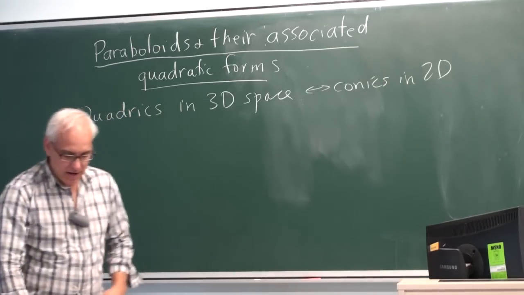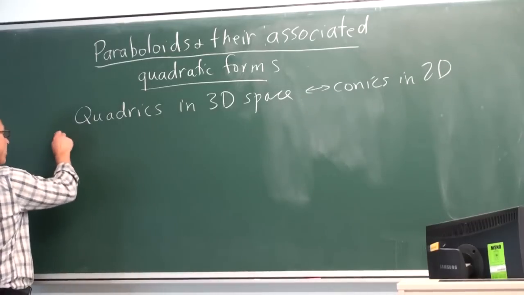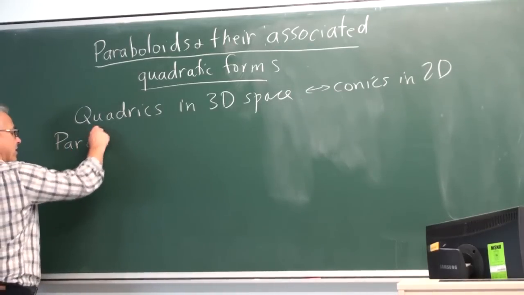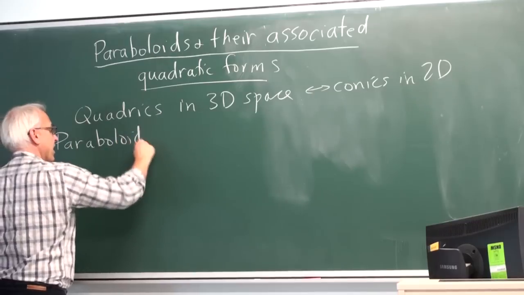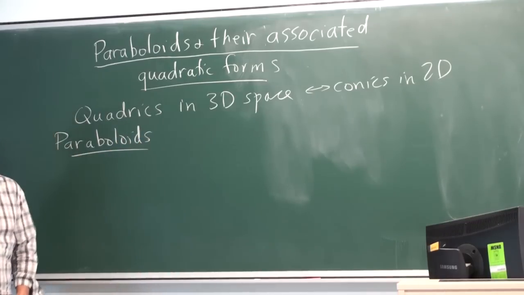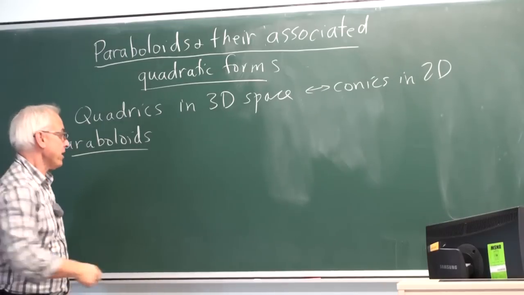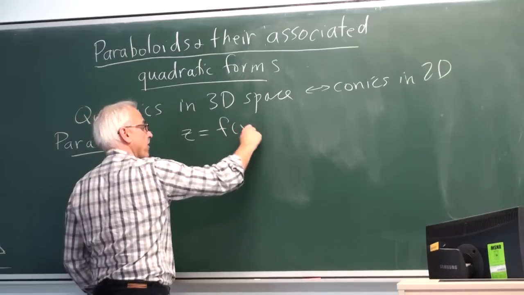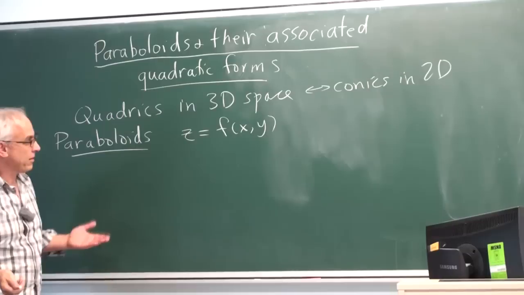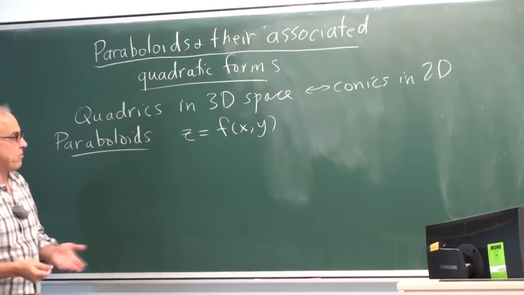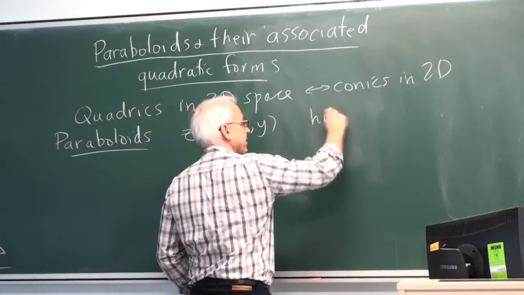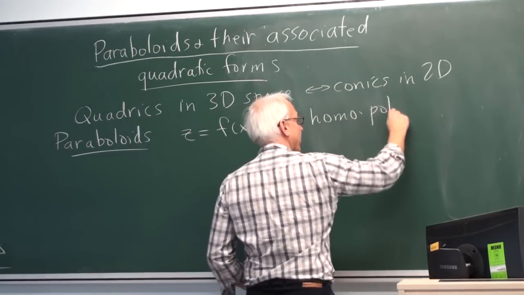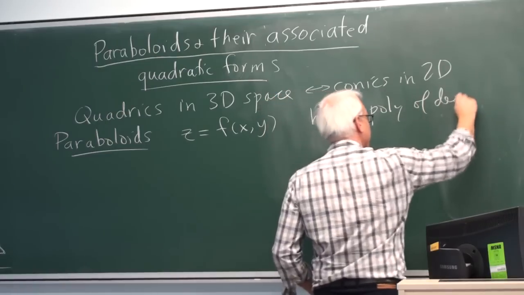So we're going to start by looking at some special ones. So the paraboloids are special kinds of quadrics, perhaps the simplest kind. They're the ones that are given in the form z equals f of x, y, where f is a homogeneous polynomial of degree 2.